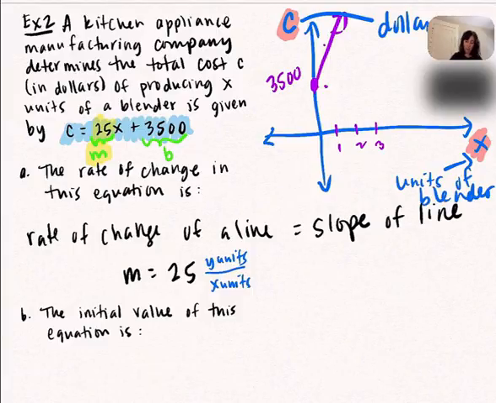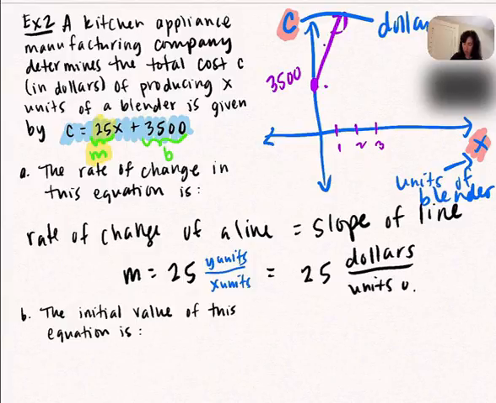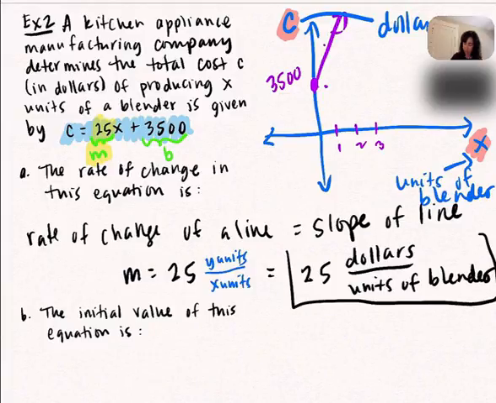Okay, so our rate is just going to be $25, the y units, divided by units of blender. Okay, so that's part A. So rate, if you have a line, is just the slope. And then the units are the y-axis units divided by the x-axis units.